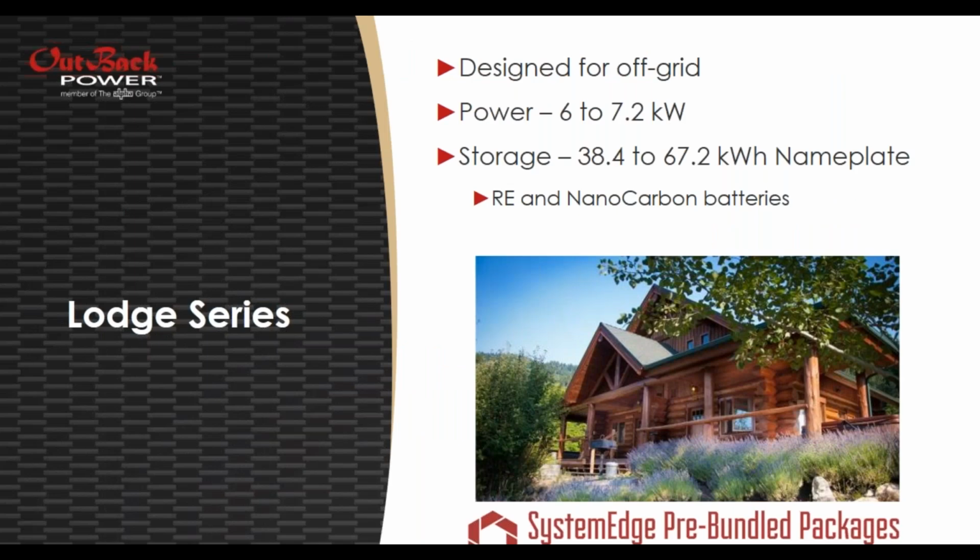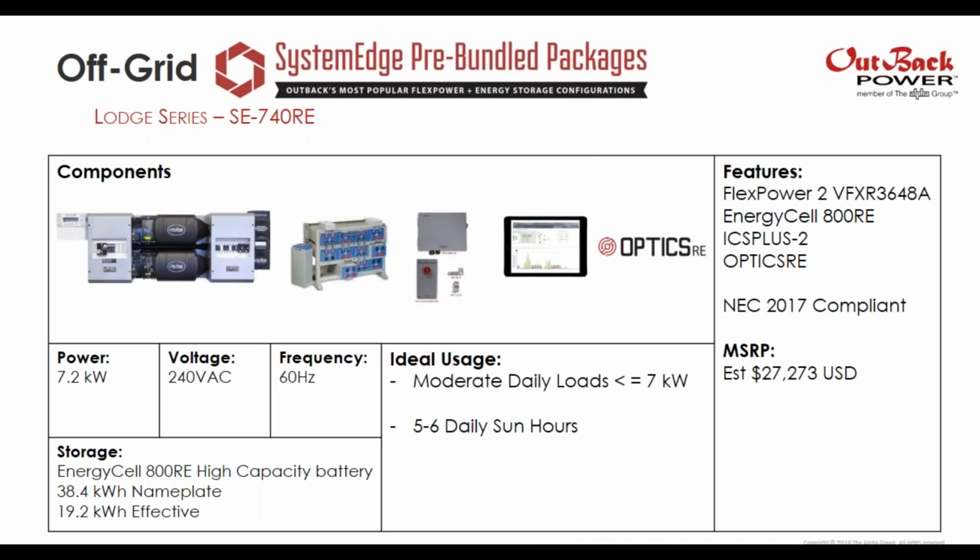So moving up the line, we go to the Lodge series. These are a little bit larger power systems, bigger batteries, and the idea here is this is more for a family-style dwelling that's off-grid, something that's got a little more energy use, a little more sophisticated type of project.